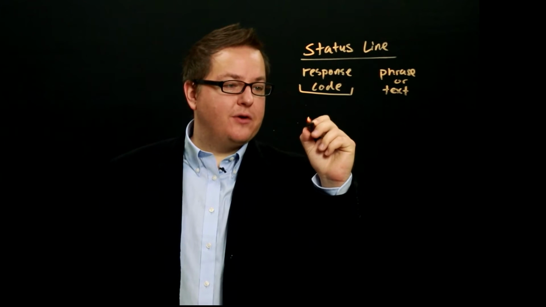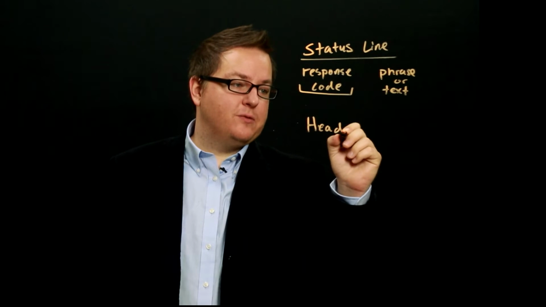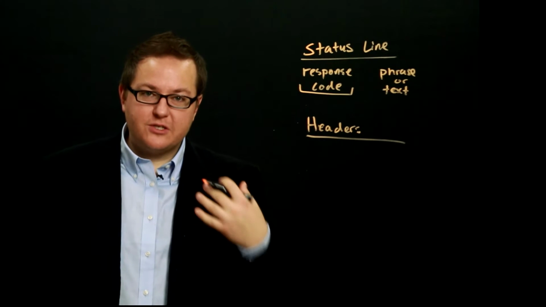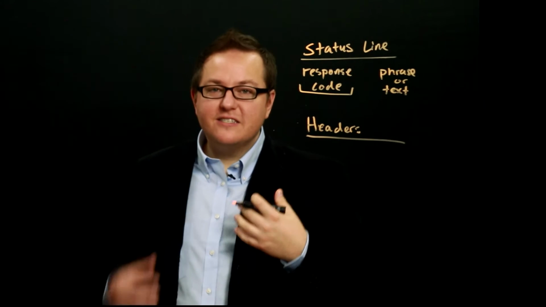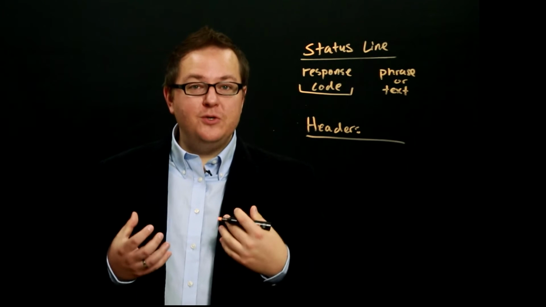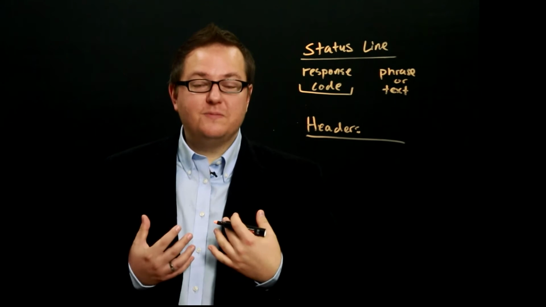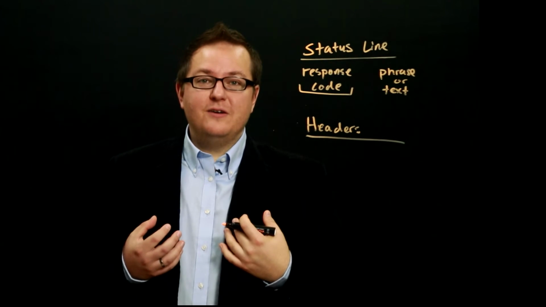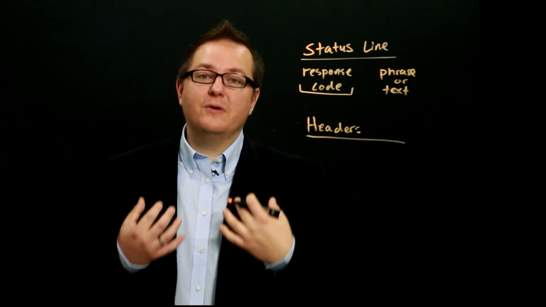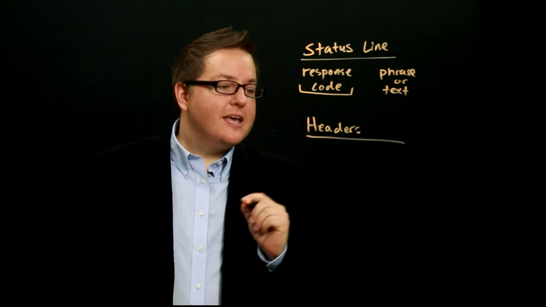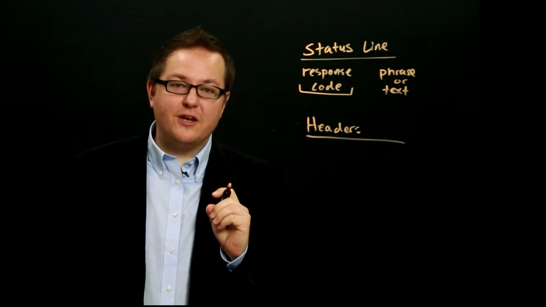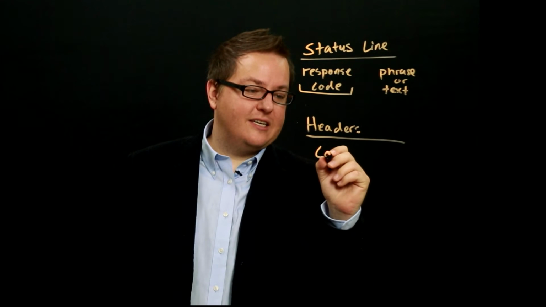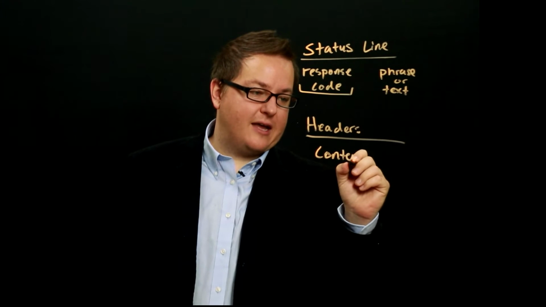The second component of an HTTP response is a series of headers. Just like we saw before with requests, we can send meta information to the client when we're providing a response, to help that client figure out how to interpret the data that we're sending to it. Usually a very important component of the headers is, as we saw with MIME types, the content type of what we're sending back.